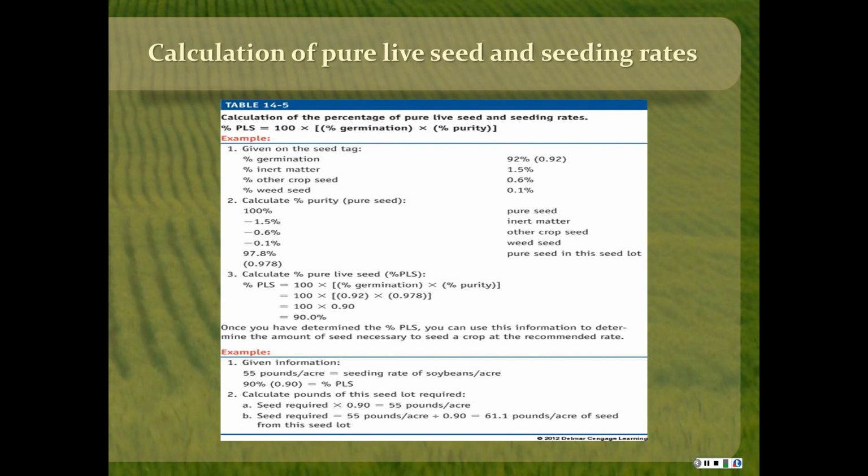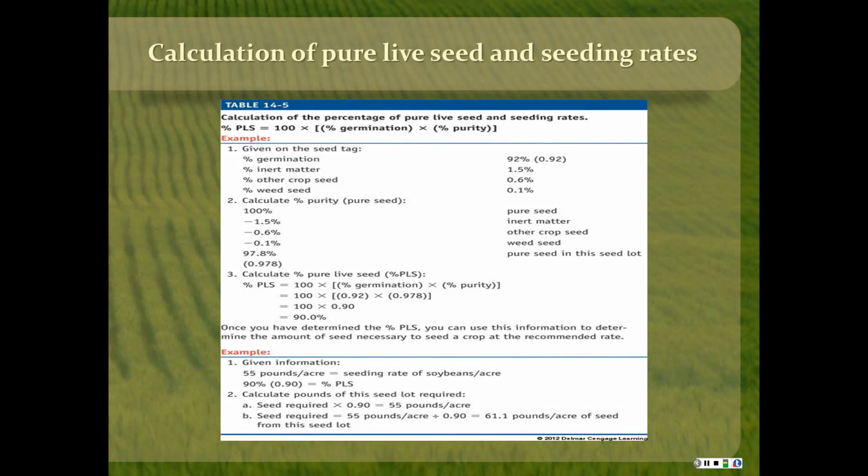And then you would take that percentage times the germination, and that would give you the amount of pure live seed. So it's basically how much of it is actual crop seed and how much of that is going to germinate. In this case, it would be 90%. And the reason this is important is that you can use that to determine the amount of seed that you need to seed a crop at a recommended rate.